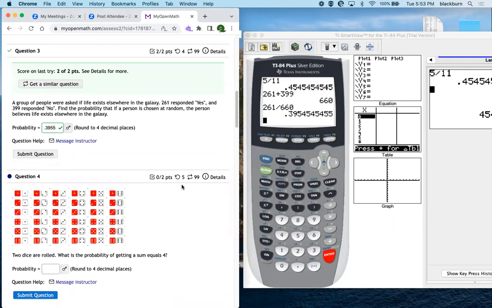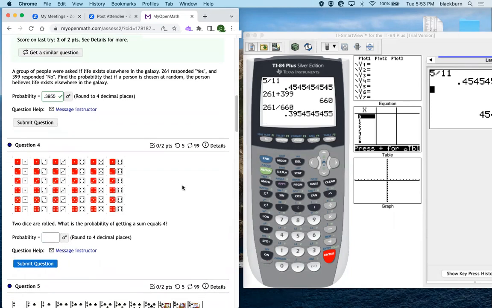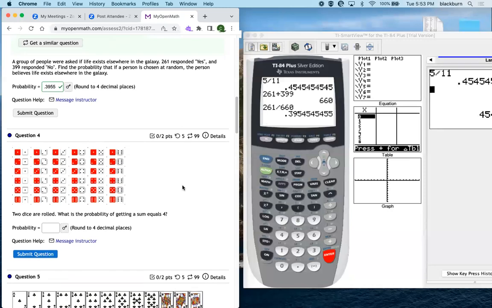Next one's about a pair of dice, and they give you pictures. Isn't that nice? 2 dice are rolled. What is the probability of getting a sum that equals 4? The sum equals 4 on those 3 rolls. On the rest of the rolls, you get a number different than a 4.